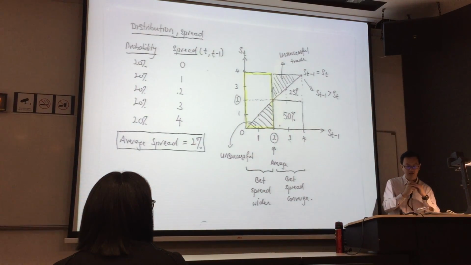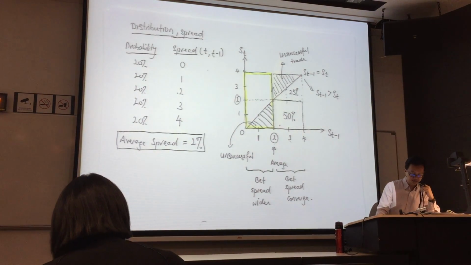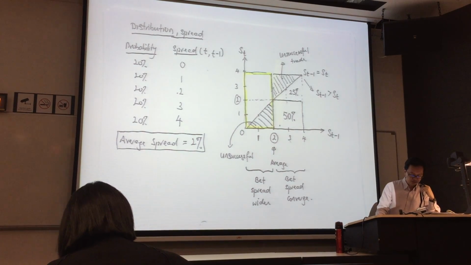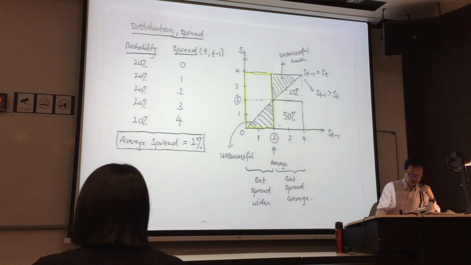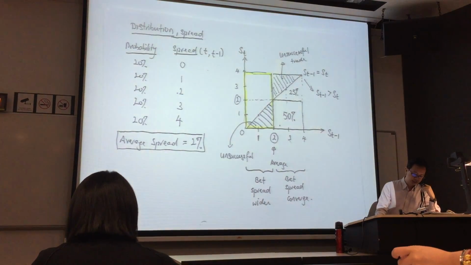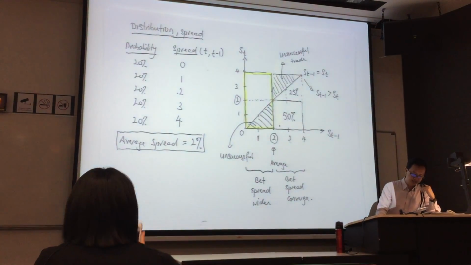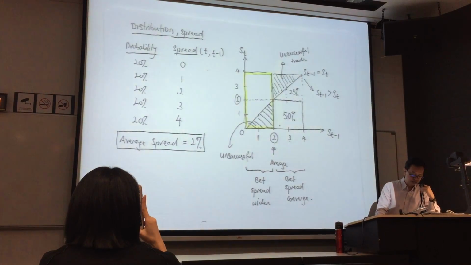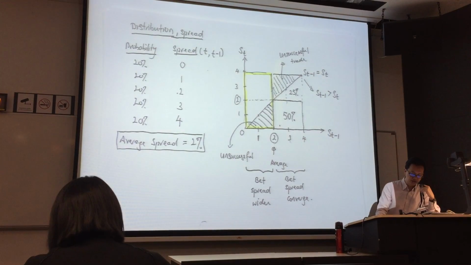So that's the meaning of this theorem. The spread tomorrow is greater than the spread today, whereby you bet that the average is greater than the current spread.